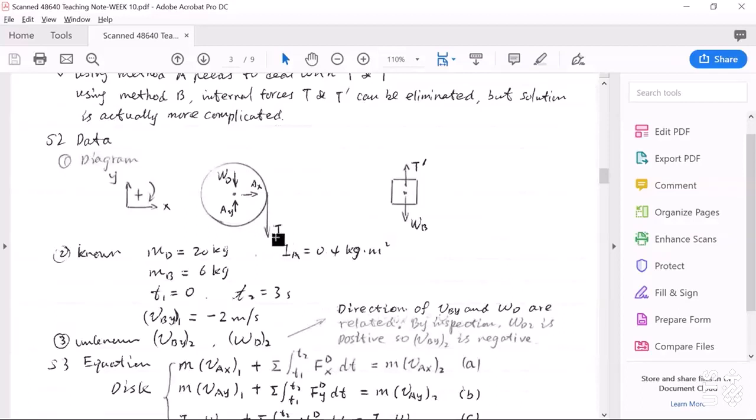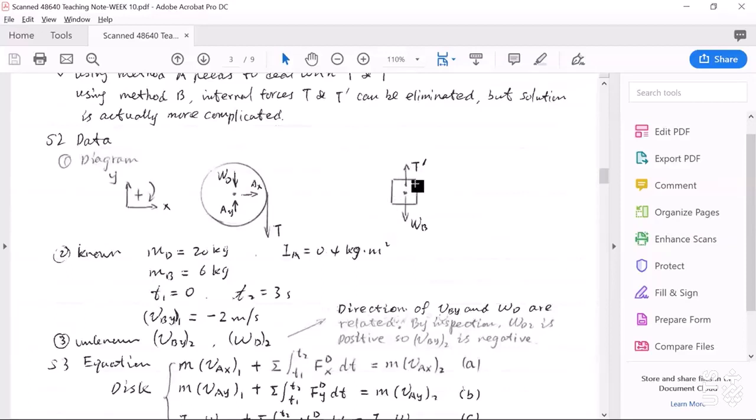Here we have tension force T, reaction forces AX and AY, and weight force WD. All these three forces act at point A. Point A is the fixed axis through point.